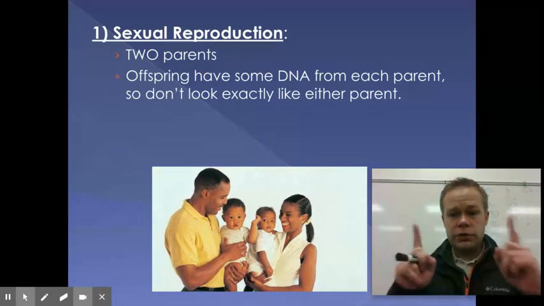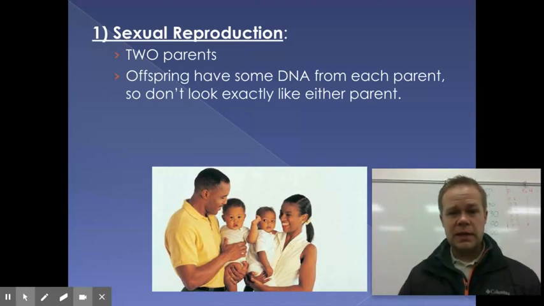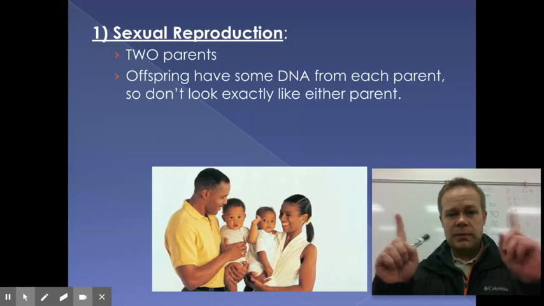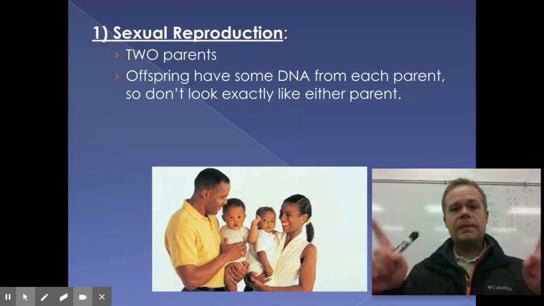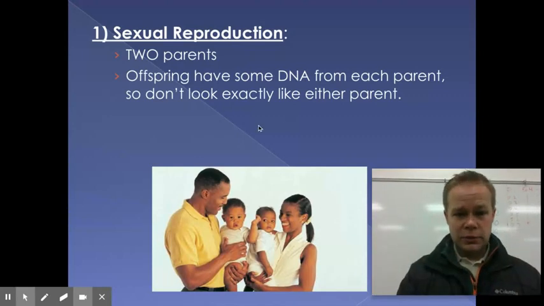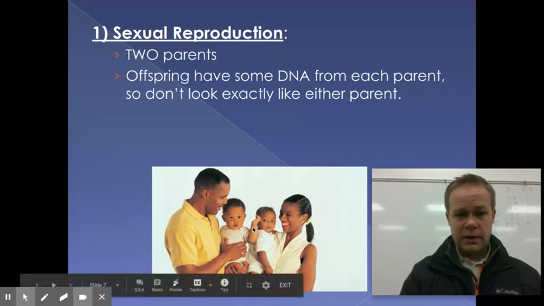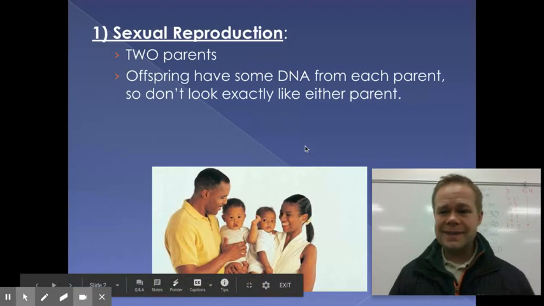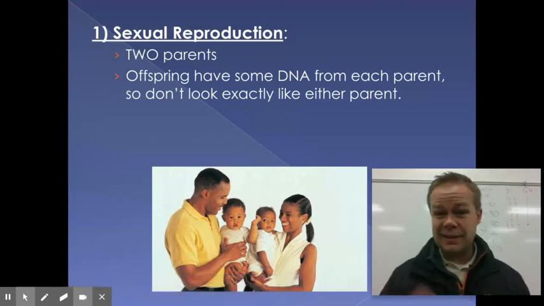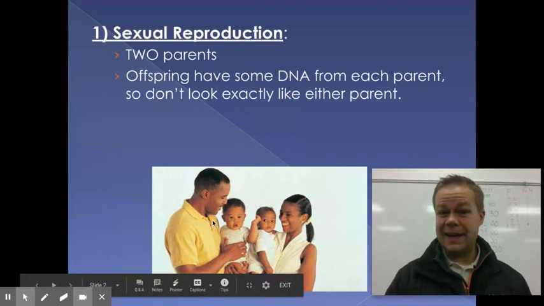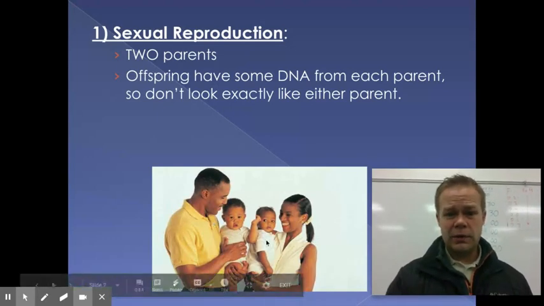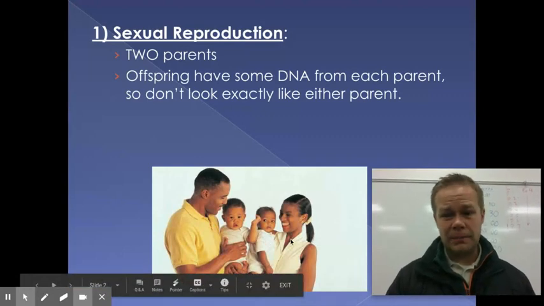Because there are two sources of DNA, because the DNA comes from mom and from dad, or from two organisms, then the child, as we can see the two children here, doesn't end up looking exactly like either one. Will this boy end up looking exactly like dad? No. Will the little girl end up looking exactly like mom?